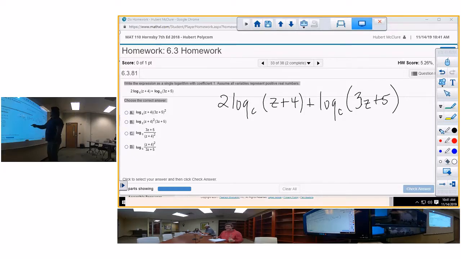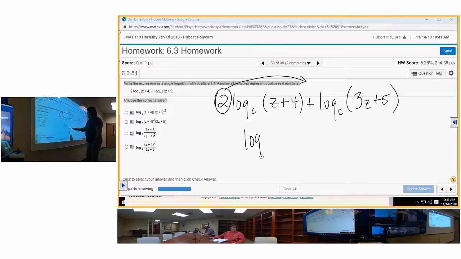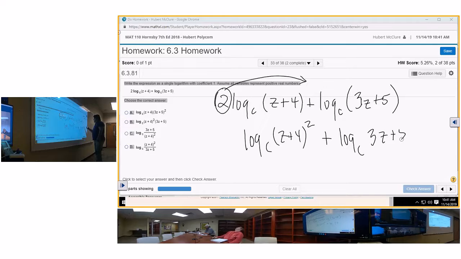All right, what do we got to do with this 2? Bring it out. Power. Bring it over. And then that's going to be log base C of z plus 4 to the second power plus log base C of 3z plus 5.